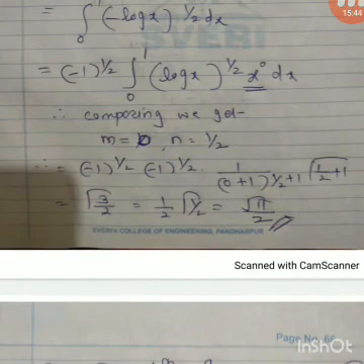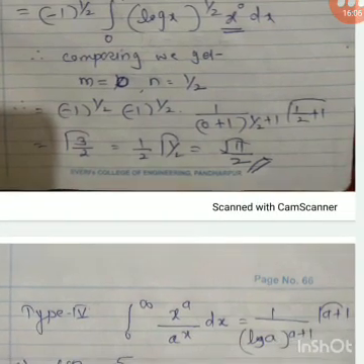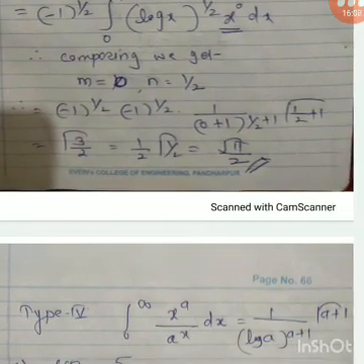Clearly again our result is for log x, not for minus log x. Therefore take minus 1 raised to half common from that integral, that is (-1)^(1/2) taken common. (log x) raised to half remains, but x raised to m is not present there. Therefore we can treat it as x raised to 0, whose value is 1, just for adjustment of the integrand.